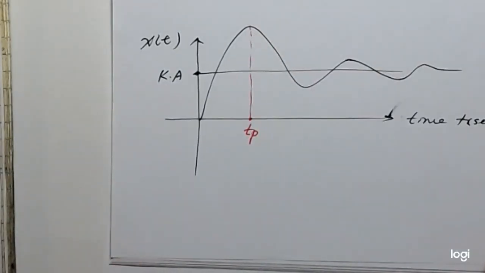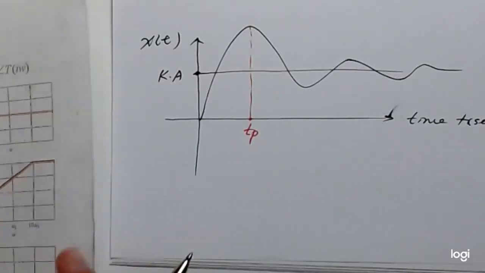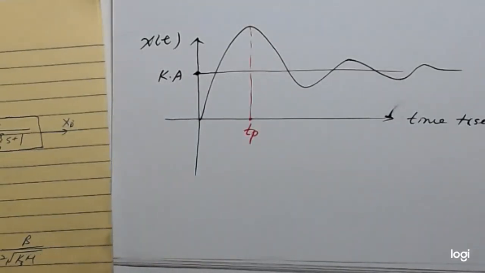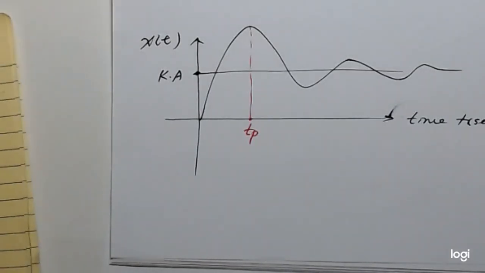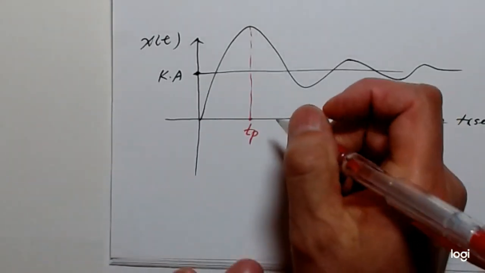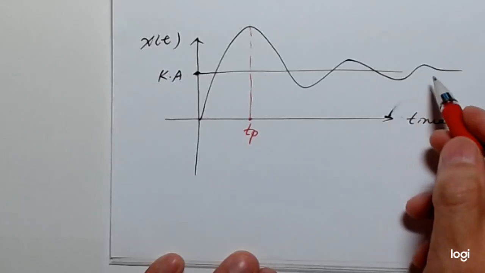Okay, so particularly for control, we have several parameters to specify a control system in terms of design. So the first one would be the so-called maximum overshoot, in other words, over the steady state value.